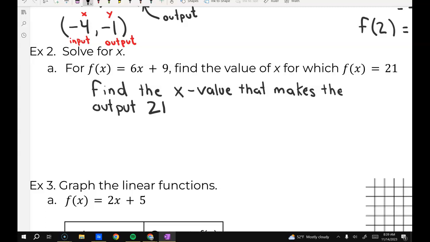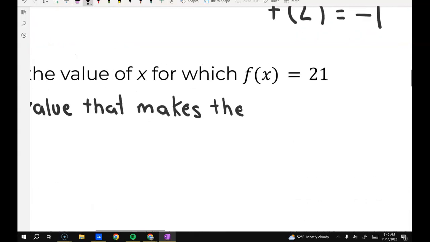So, notice how now we have this f of x set equal to 21. This is already telling us that f of x, if f of x stands for our output, this is saying that our output is equal to 21. And what we can do in this case is just substitute in or plug in 21 for f of x.